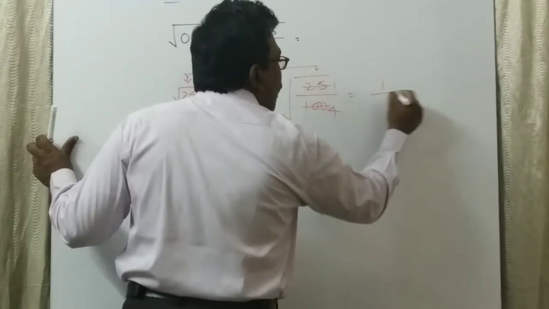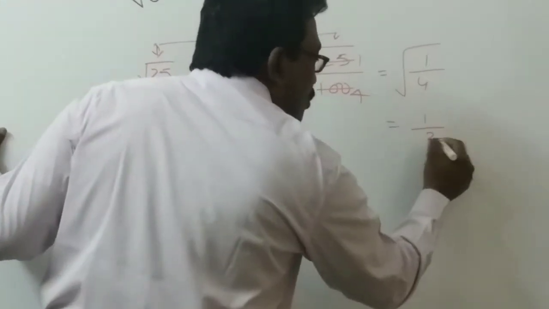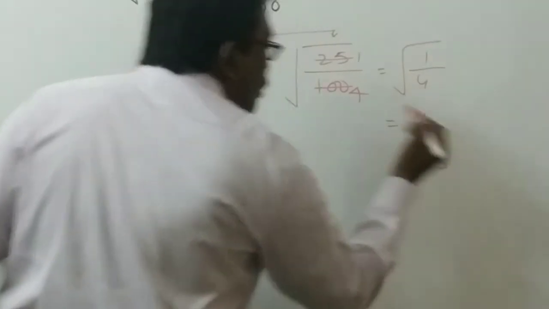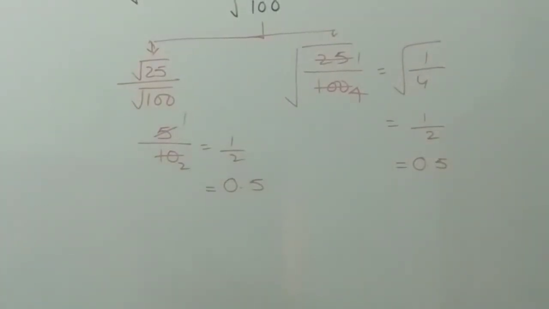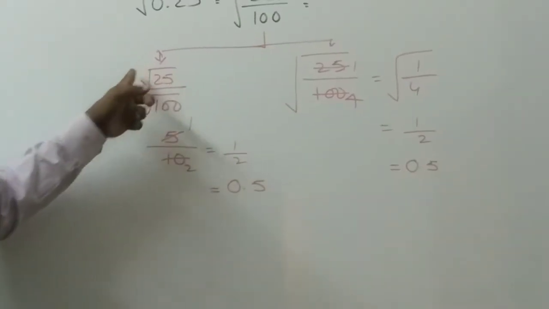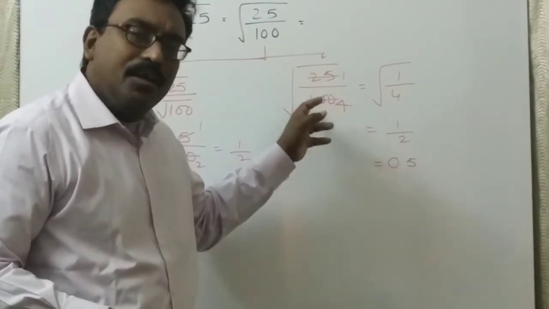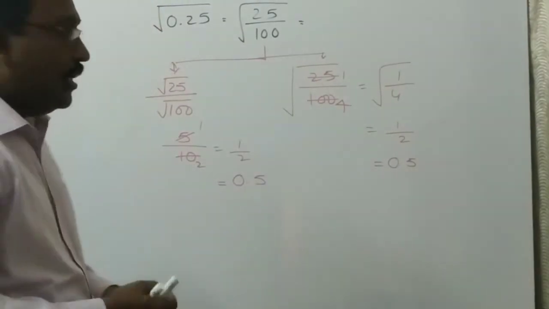Or else here it is root of 1 by 4, root 1 is 1, root 4 is 2, 1 by 2, 0.5. You can separate the numerator and denominator and solve it, or if it is possible to cancel, you can cancel and do it.